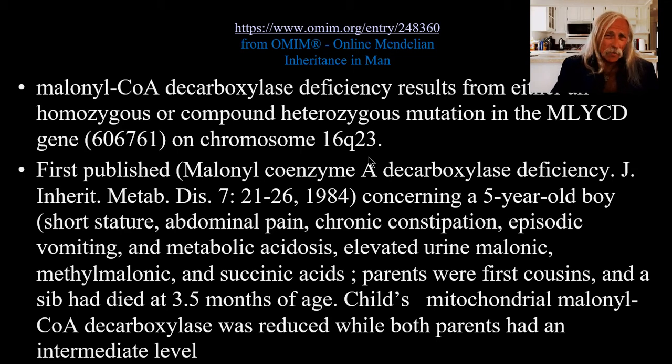So it looks almost like an amino acid deficiency thing, but it's really a decarboxylase issue because some amino acids are decomposed to malonyl-CoA. Parents are first cousins, and a sibling had died at 3.5 months of age. So that tells you something. The child's mitochondrial malonyl-CoA decarboxylase was reduced while both parents had an intermediate level. Okay? So that's why it's homozygous recessive.